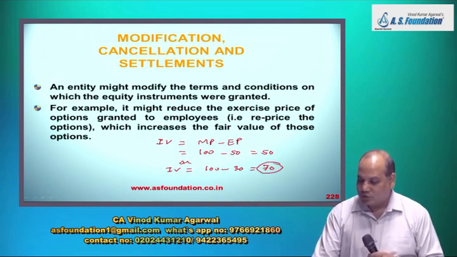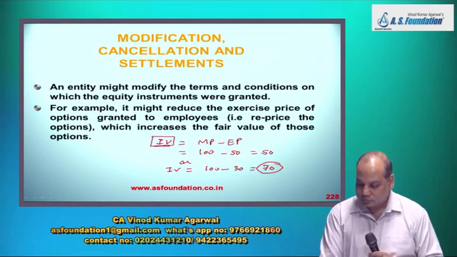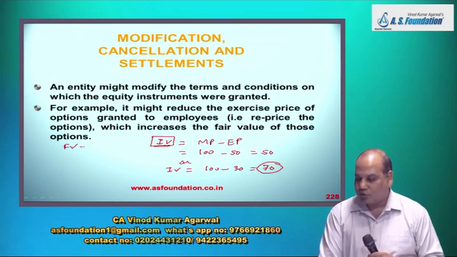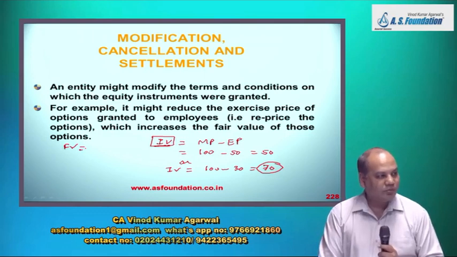Now in this question we have just computed the intrinsic value. The fair value of the option is also calculated in a similar way. So if I apply the Black and Scholes model, which model? Black and Scholes. What is the formula?